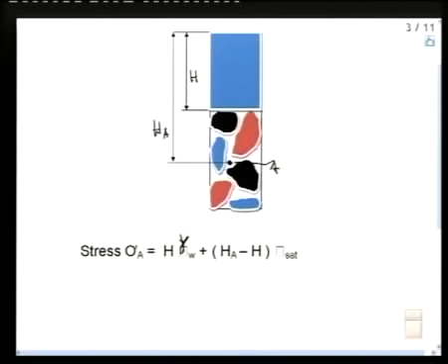That will give me the stress from the water, plus HA minus H, which is the height of the soil, right? HA minus H multiplied by gamma saturated, right? I didn't do anything new.